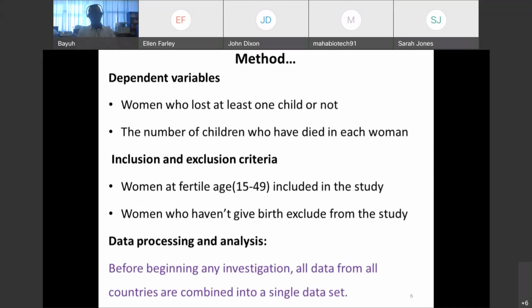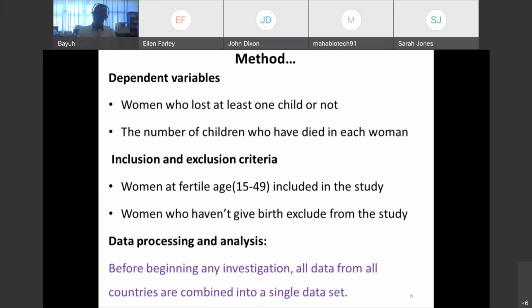For this analysis, I used two dependent variables. The first one is whether women lost at least one child or not, and the second is the number of children who have died for each woman, which is a count. The number of children for each woman is 0, 1, 2, 3, 4, which is a count. The first one, women who lost at least one child, is binary, which is either at least one child lost or not.